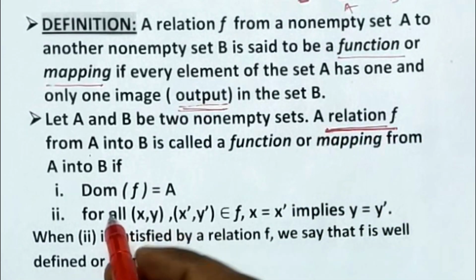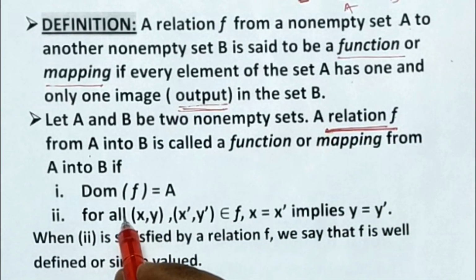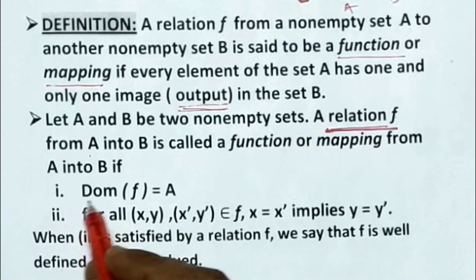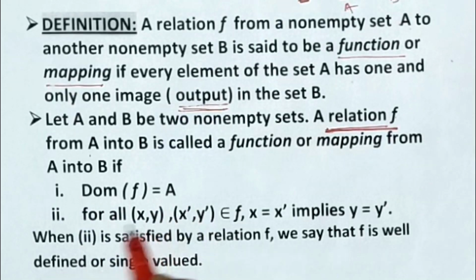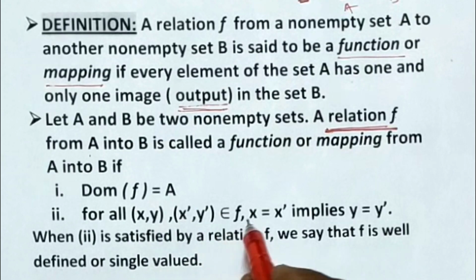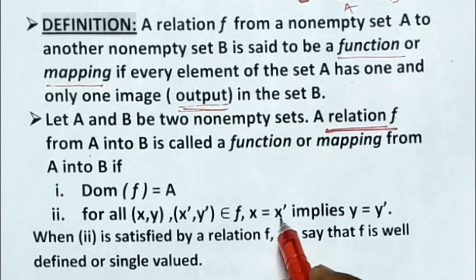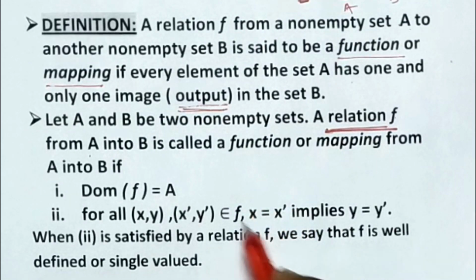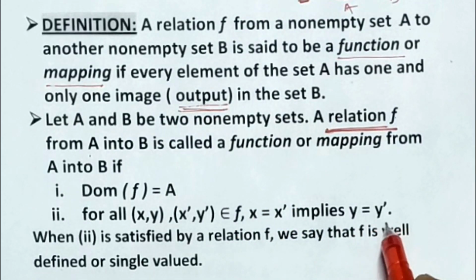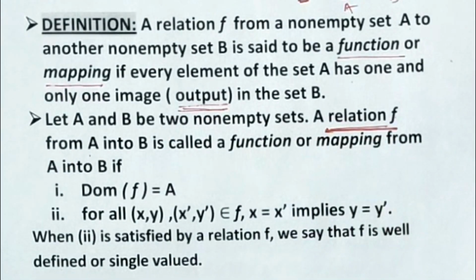Number 2, for all ordered pair elements (x, y) and (x prime, y prime) belonging to that relation f, if x equals x prime, then this will imply y equals y prime also. So this is the standard definition of a function.